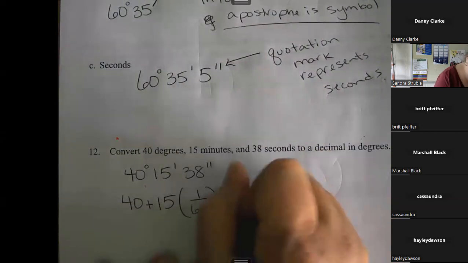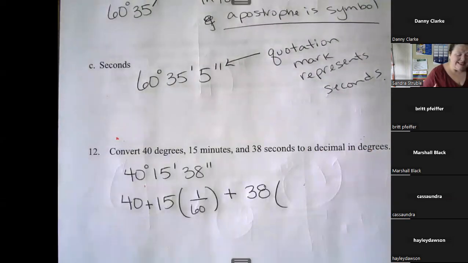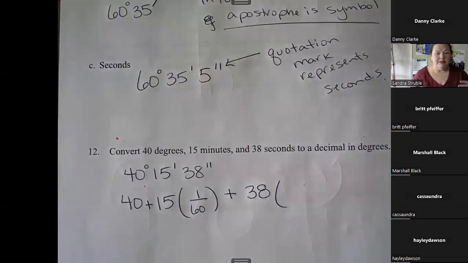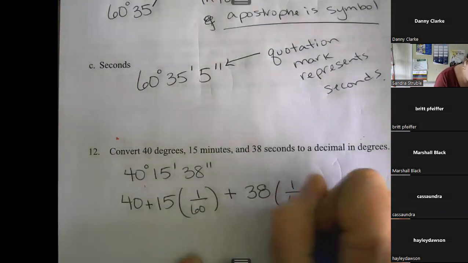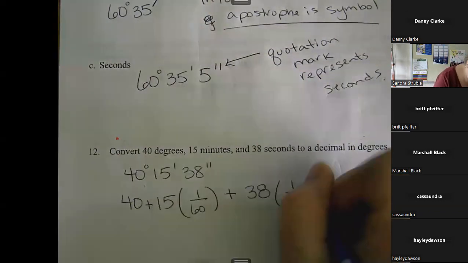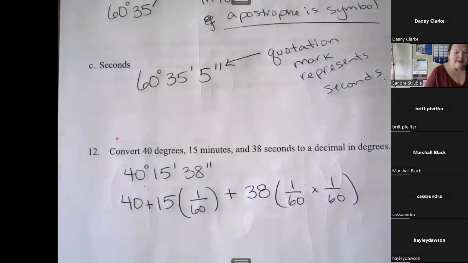And then last, I'm going to add my seconds. But this is a unit conversion that we're doing here. So we're going from seconds to degrees. So we're going to have to multiply by 1/60 to get it to minutes, times 1/60 again to get it to degrees.